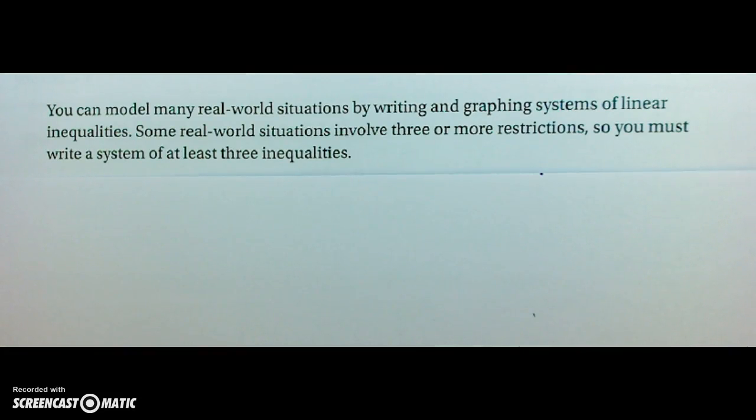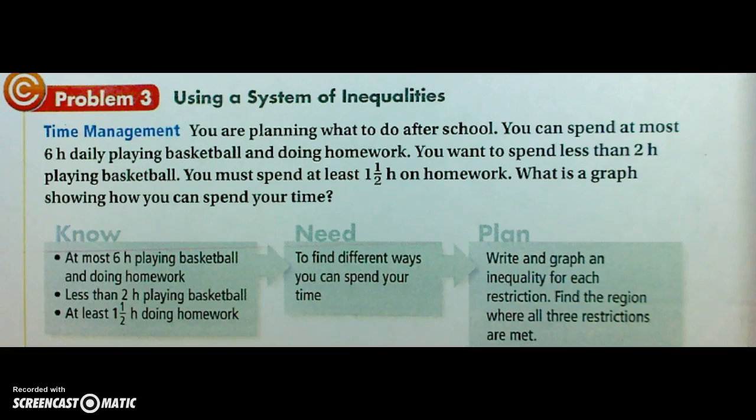You can model many real-world situations by writing and graphing systems of linear inequalities. Some real-world situations involve 3 or more restrictions, so you must write a system of at least 3 inequalities. Problem 3. Using a system of inequalities, time management.